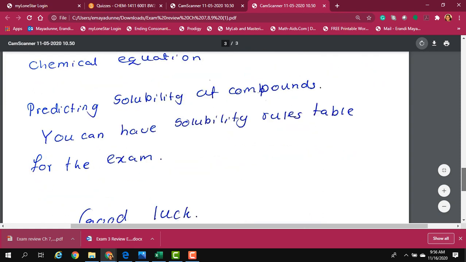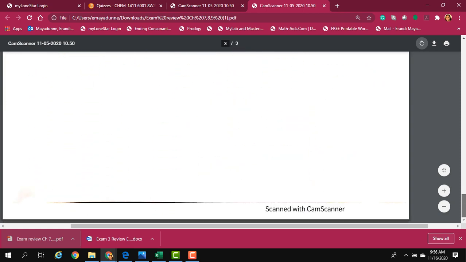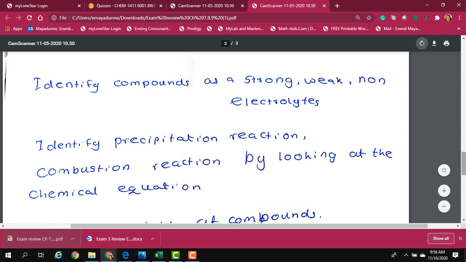So equation balancing is another important aspect that you need to know. I have several questions from equation balancing in the exam. So please practice equation balancing under exam reviews.